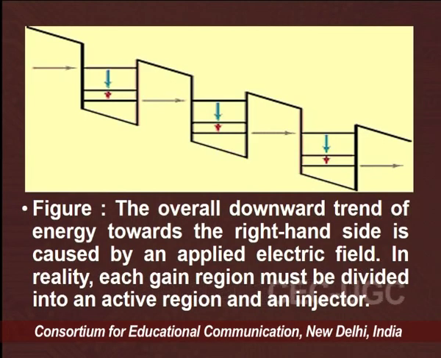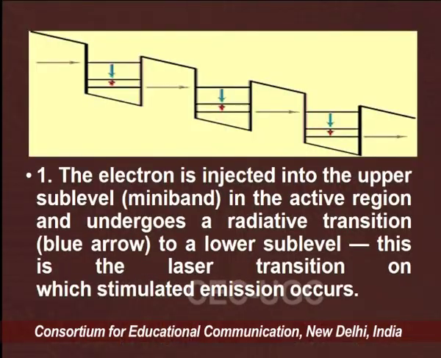Now you see how, in the gain region in each period of the structure, the following happens. First, the electron is injected into the upper sublevel, that is the miniband in the active region, and undergoes a radiative transition to the lower subband. This is represented by the blue arrow, from the upper to the lower sublevel, and this is the laser transition on which stimulated emission occurs.